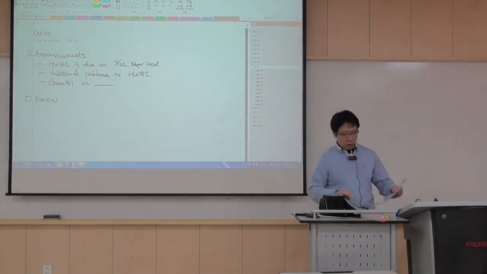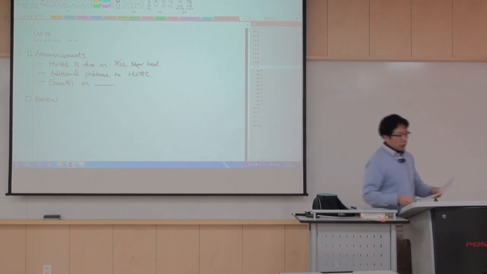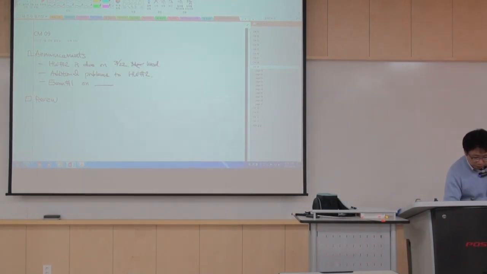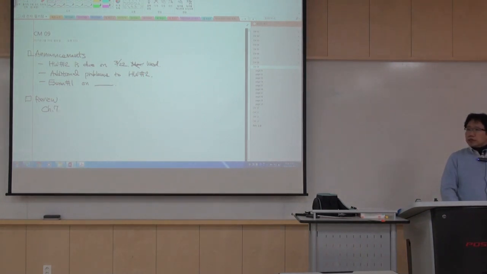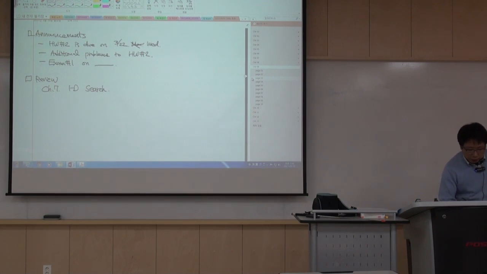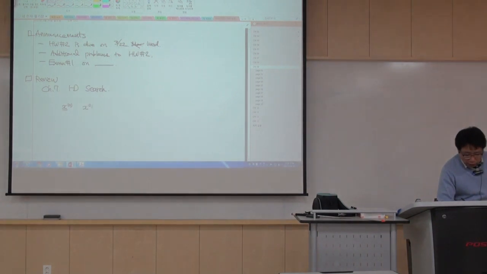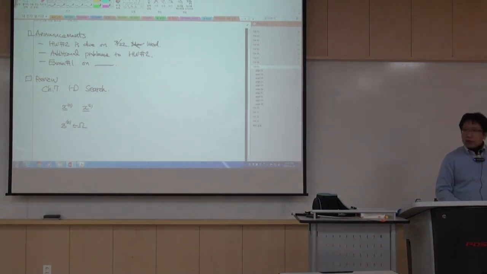So, where were we last time? We were covering chapter 7, is it correct? What was the title? One-dimensional search methods, right? The general iterative algorithm we are going to develop almost throughout this course looks like this. We start from our initial guess, and after the first iteration, we have another vector. By the way, all these x sub k's are in the constraint set.